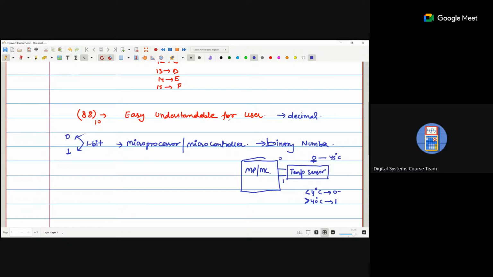But what about in between these two? We can't identify the temperature that lies between 4 and 40 degrees centigrade. So this is the problem with the 1 bit.